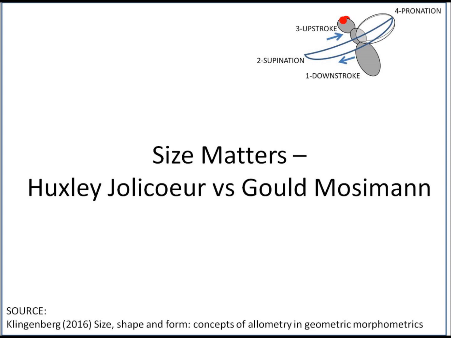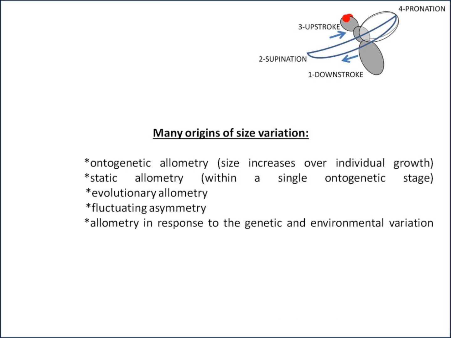As we will probably go into more detail in another video, just a quick recap. There are many different origins of size variation. They can be ontogenetic, so size increases over individual growth. So for example, the different stages of life: infant, child, adult.